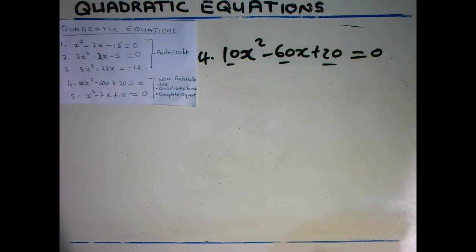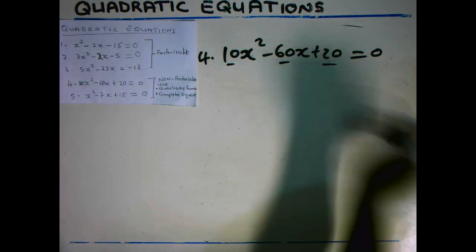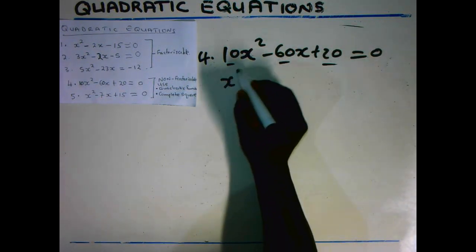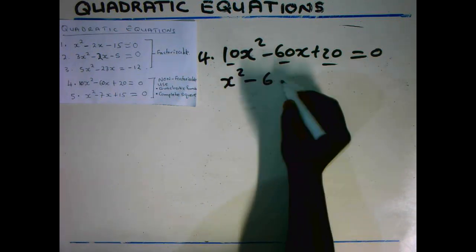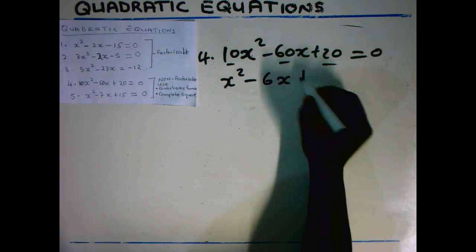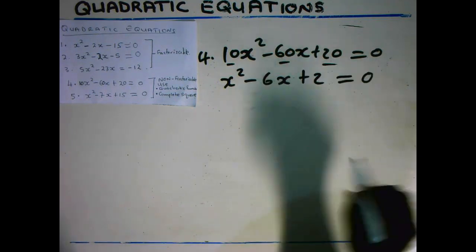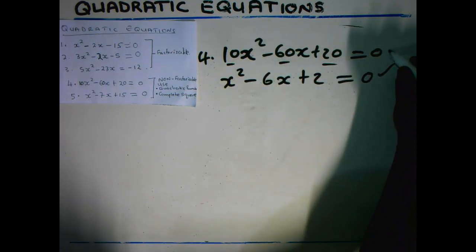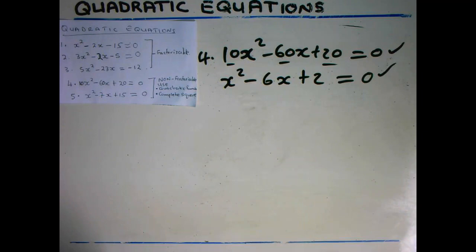The solution will be the same. So we divide throughout by 10, we get x squared before we do anything. This equation and that one are equivalent. You still get the same solution.